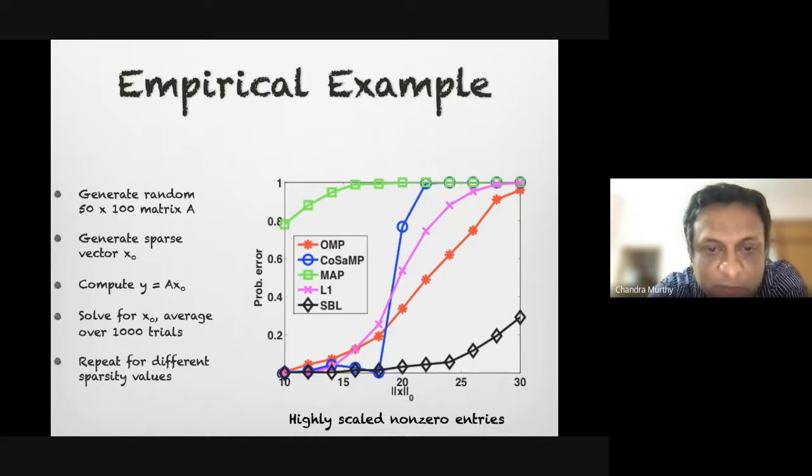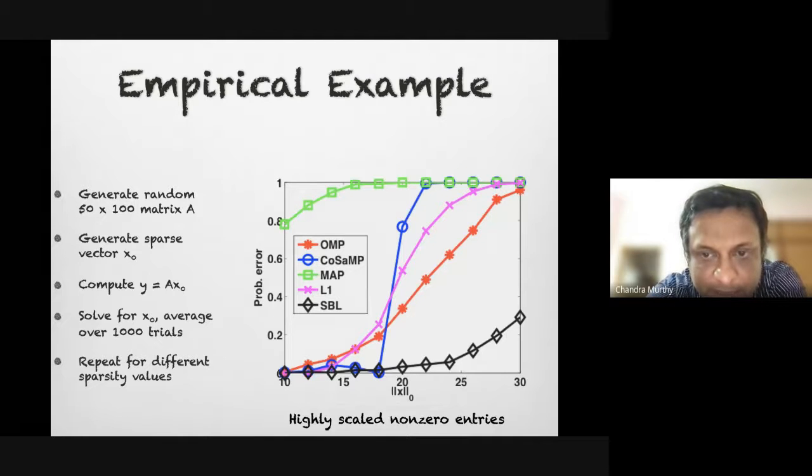What is plotted in the figure is the probability of error, which is the number of times out of these 1,000 trials that the algorithm output an x0 which is more than, say, 10 to the minus 6 away from the true sparse vector x0. And the x-axis is the sparsity level, or the number of non-zero entries in x0.